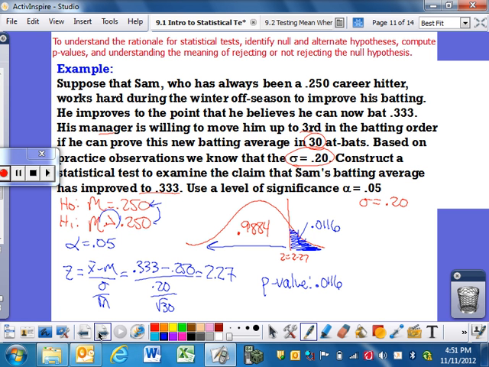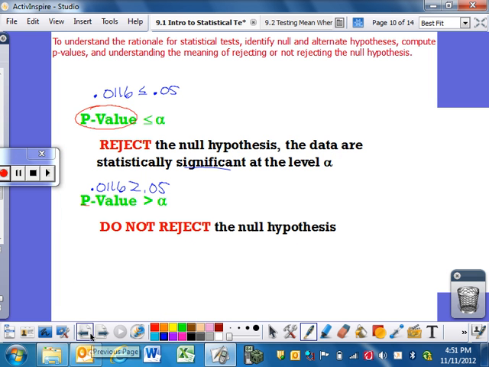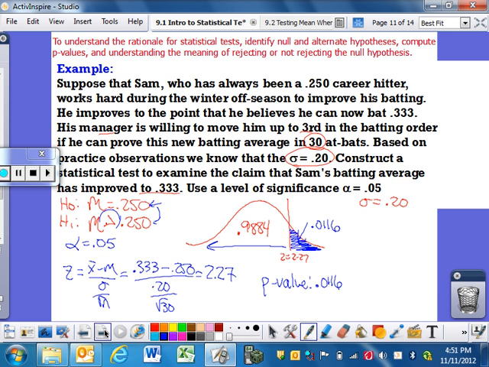If it is less than your magic number, since it's less than 0.05, it's statistically significant, which means we can reject it. And our claim, or this kid's claim, is very true.